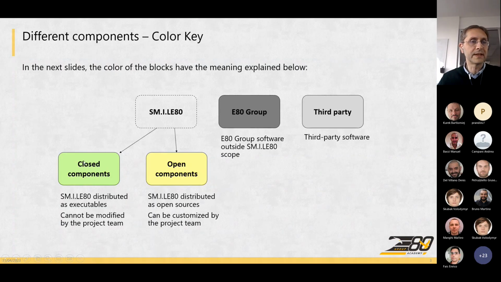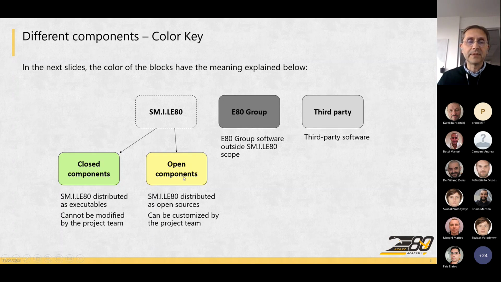These are components that are released by the SM.I.LE80 team, and the project team cannot modify them. Open components, on the contrary, which are highlighted in yellow, can be customized by the project team. We will see which they are and what customization can be done.